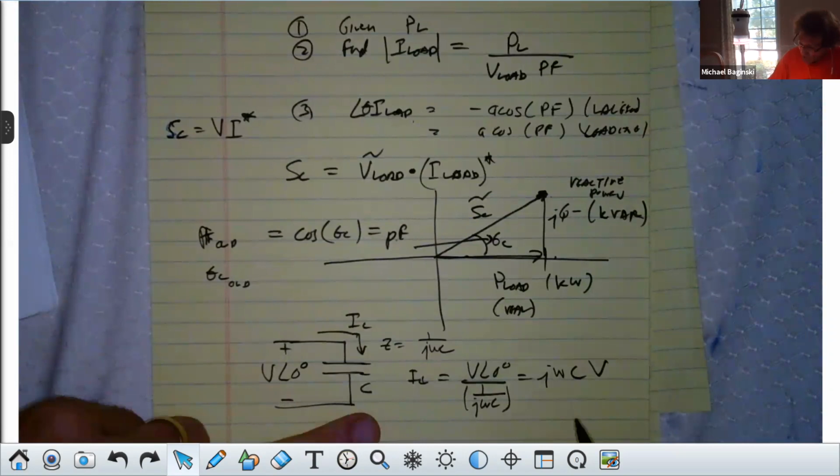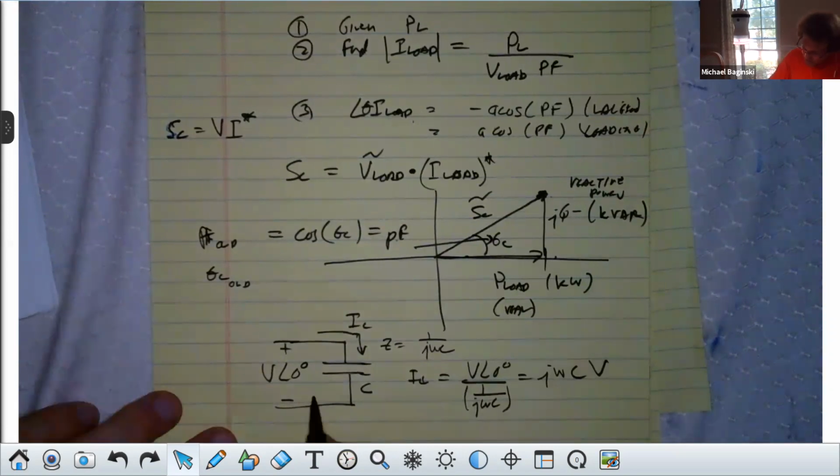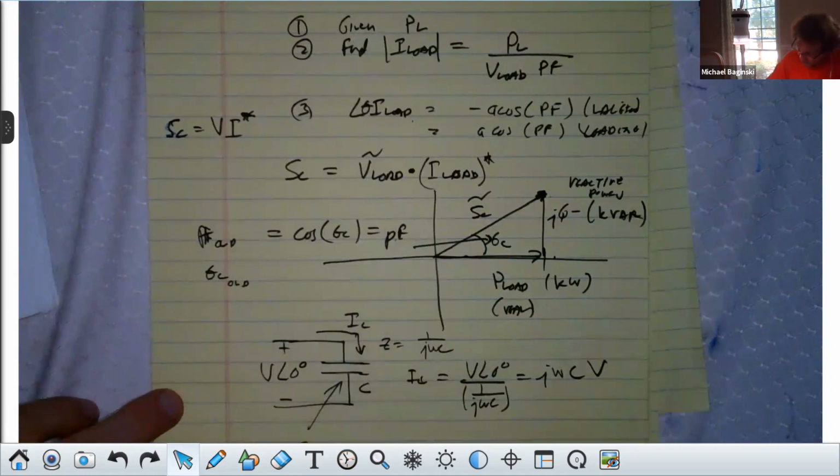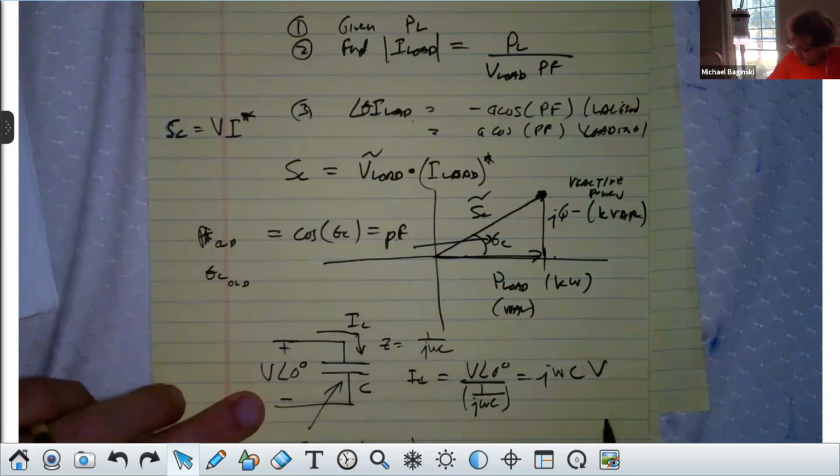Now, when we get the complex power associated with this, I can call it S of the cap, but it's really just going to be minus J something. That complex power is V at an angle of 0 degrees times I conjugate. The conjugate would change the J to minus J. J is really 1 at an angle of 90 degrees, conjugated would be 1 at an angle of minus 90.